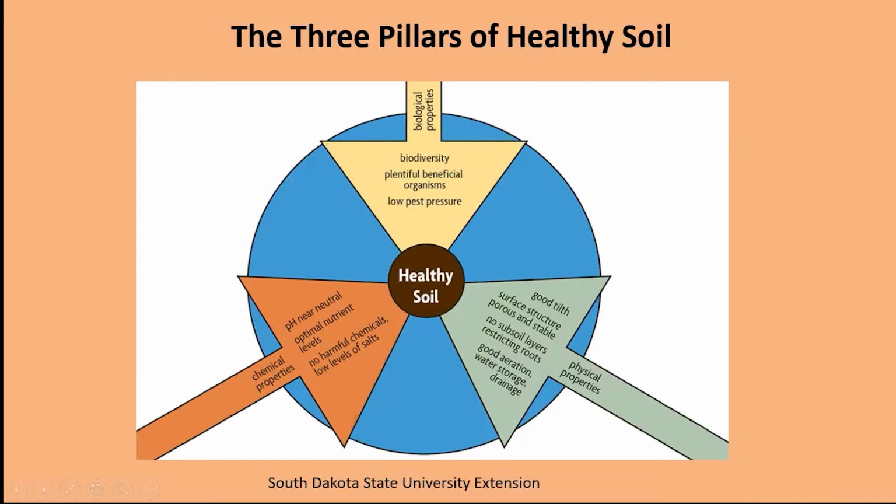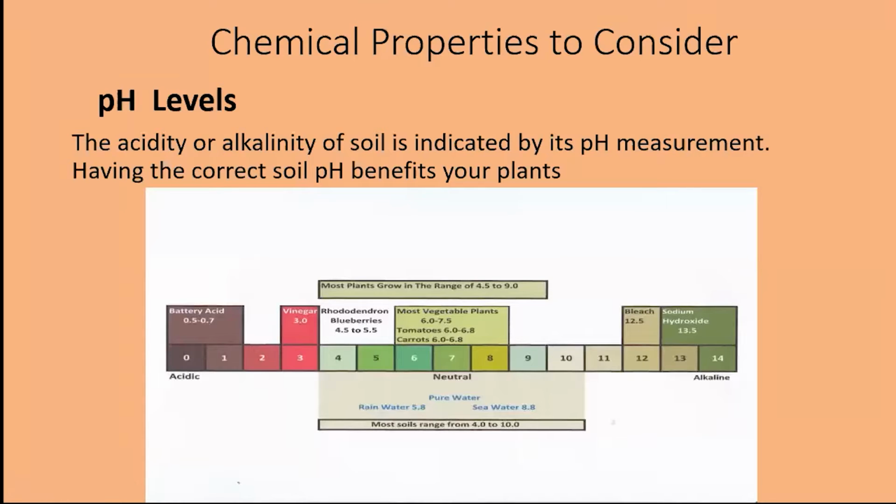So let's get started with one of the chemical properties that we should consider, and that is the pH level. pH, of course, is a measure of the alkalinity or the acidity of a soil, with numbers from 0 indicating highly acidic to 14 for alkaline.